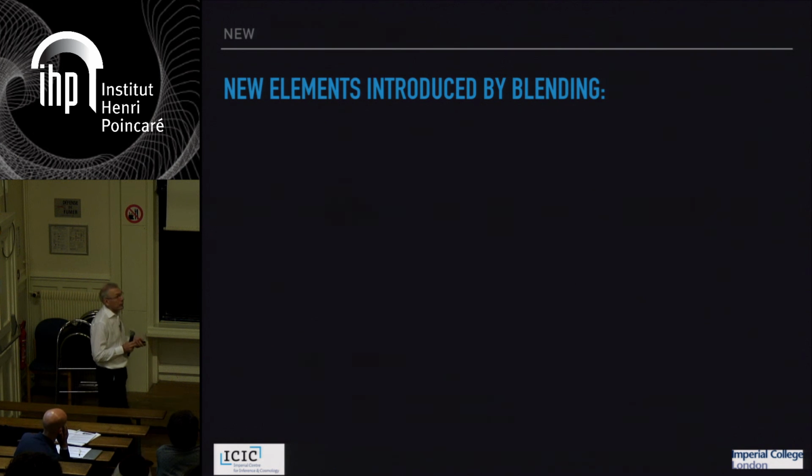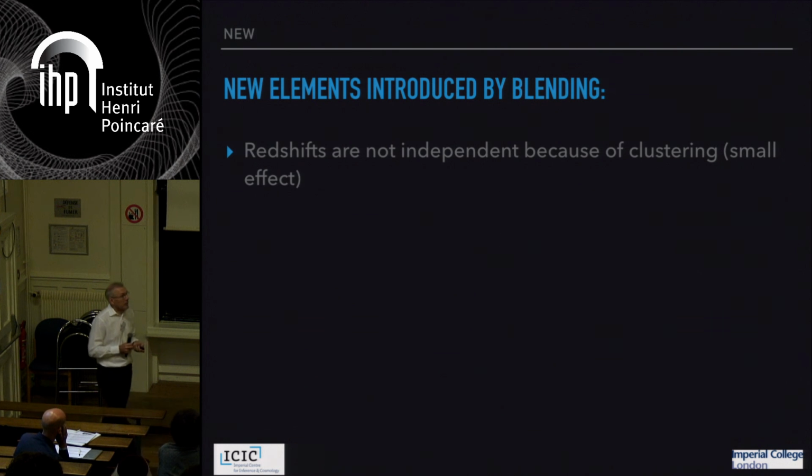The new elements that are introduced by blending are, as I mentioned, that the redshifts are not independent because of clustering. This turns out to be a very small effect, and I think we can ignore it. Just from numerical experiments, including or not including the clustering makes almost no difference. The radial distribution is typically so broad.